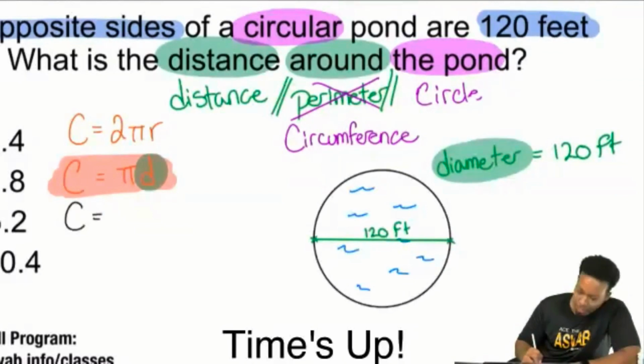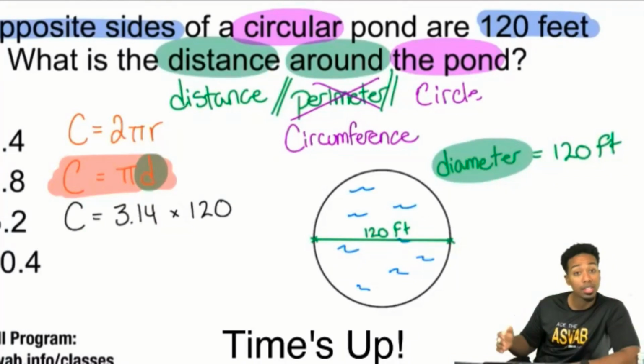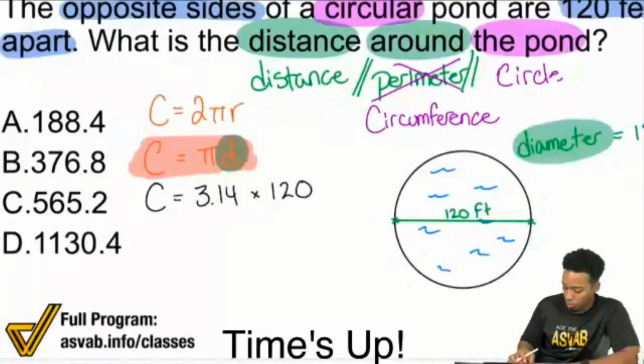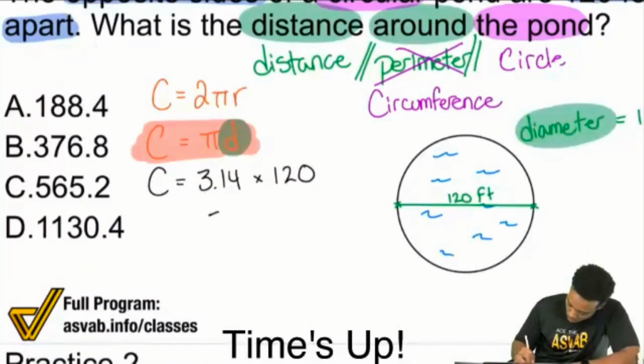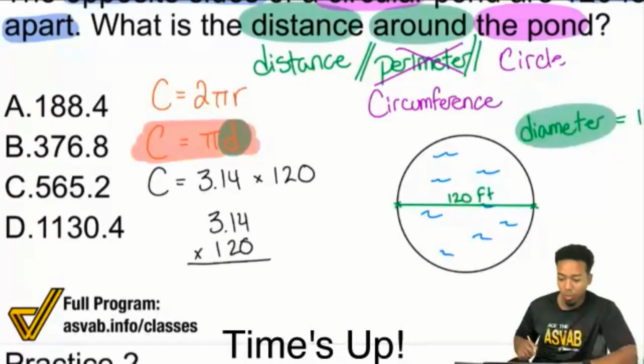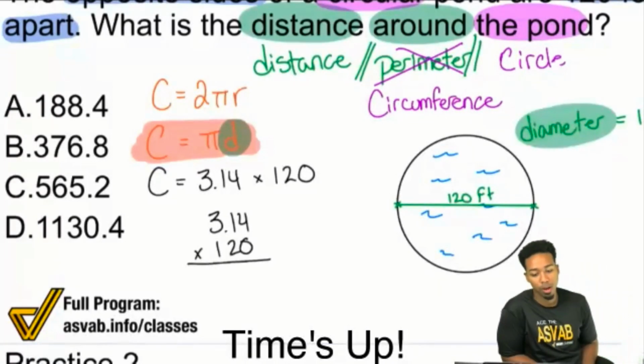C equals, everybody, pi. What do we replace it with? 3.14, correct. Times the diameter, which is 120. And so that's all we got to do now. 3.14 times 120. We'll do the math. Once we do 3.14 times 120, what should we get from that answer?